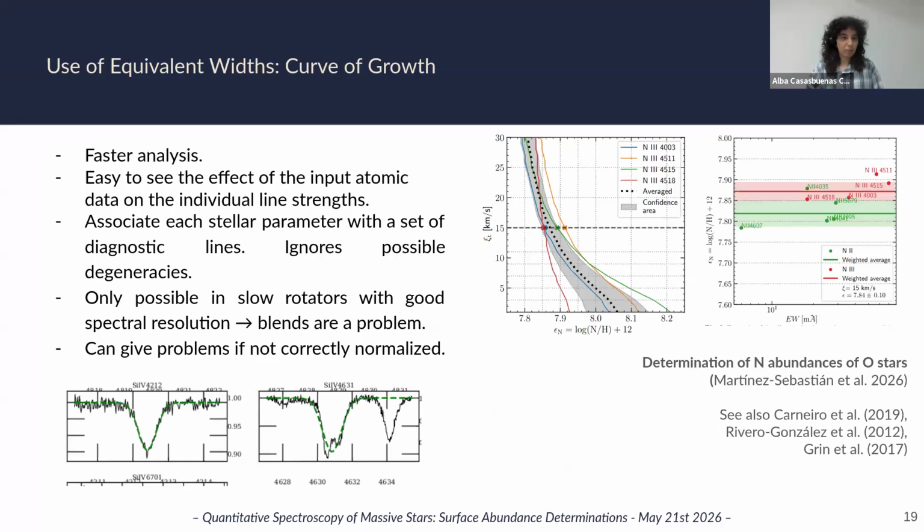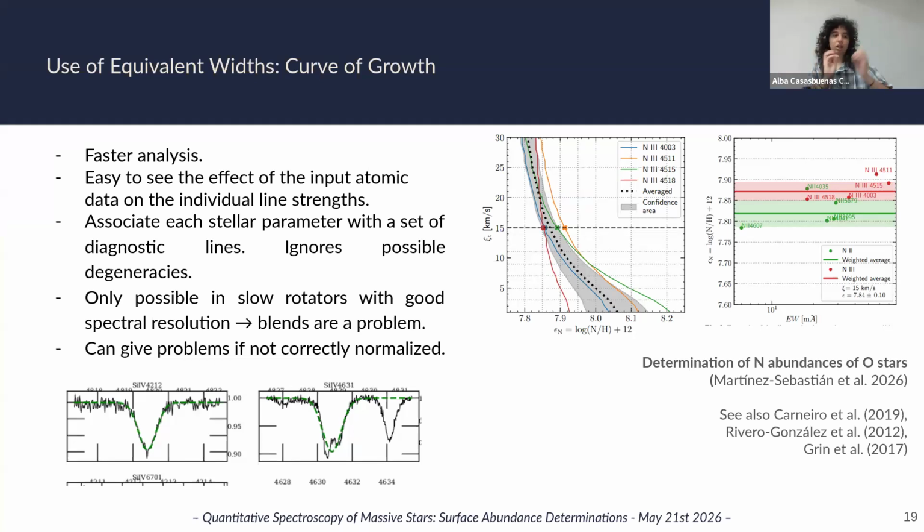So just as a summary, when we're using this curve of growth method and the use of equivalent widths, the analysis is very fast because we're only using one number for each line, which reflects the line strength. It's very easy to see the effect of the input atomic data on each of the lines, like we saw before.